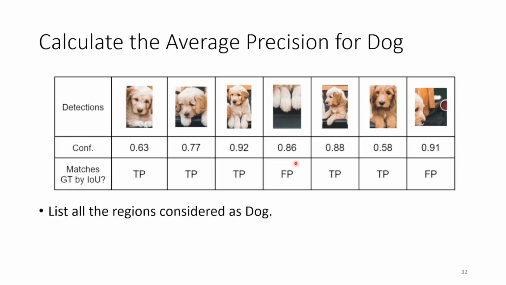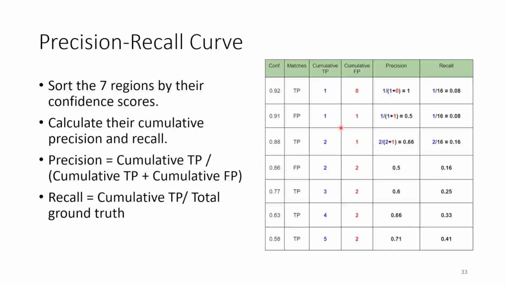This is a false positive and this is a false positive because their IOU is less than the threshold. When you have 7 positives sorted by the confidence scores, you will have 7 rows. When you have 7 rows, you will have the cumulative true positives and the cumulative false positives.